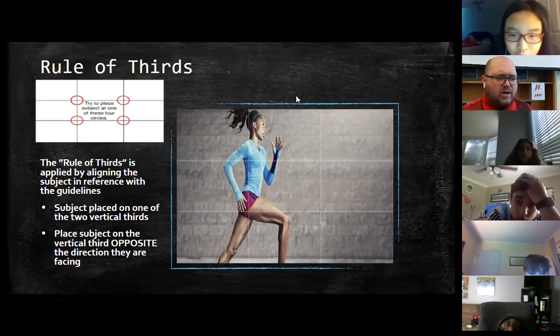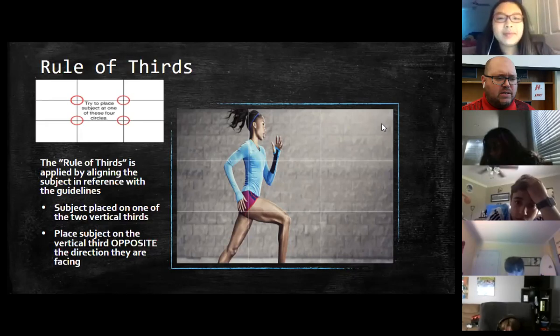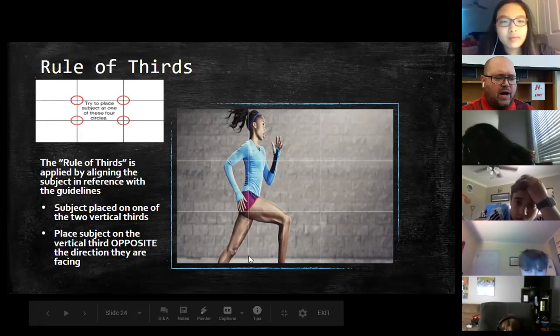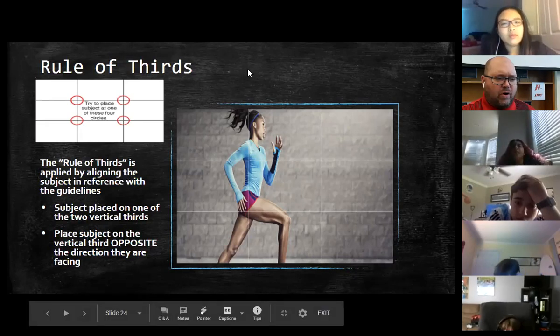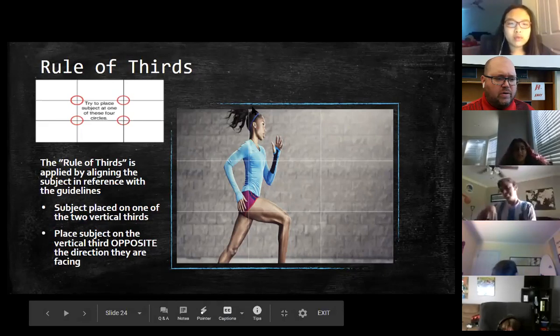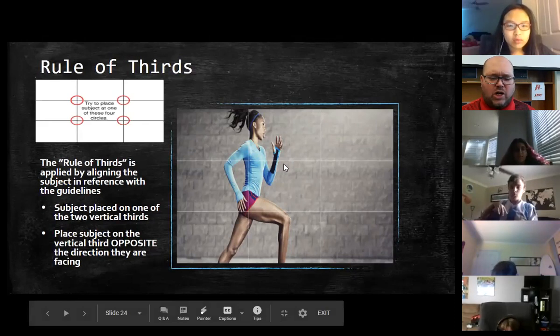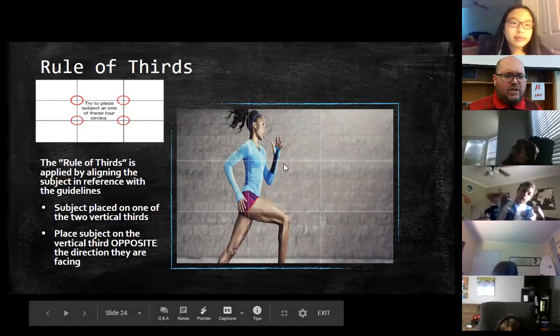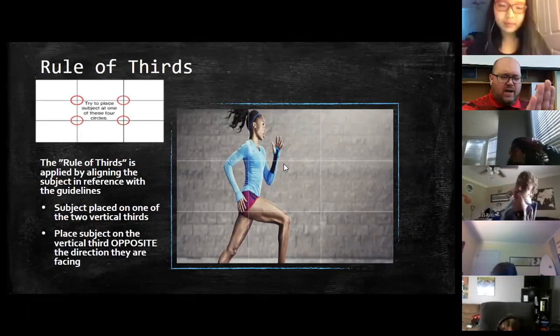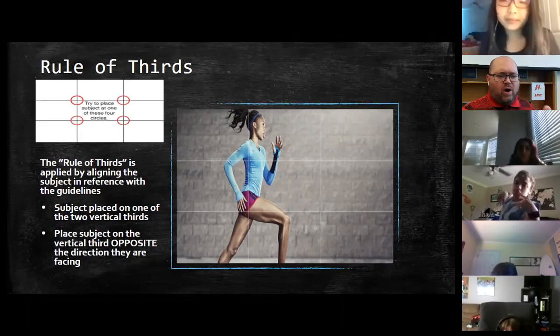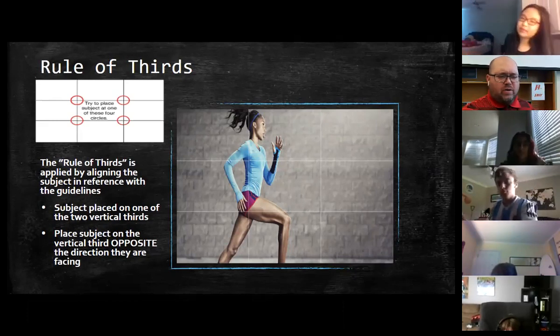So if we're looking at our subject here of this female athlete, she is looking to the right, which means I'm going to put her on the opposite vertical third. Now it looks like she's running into the shot, and it makes the shot look better. Imagine, and do this, take your hand and cover up that right vertical third.